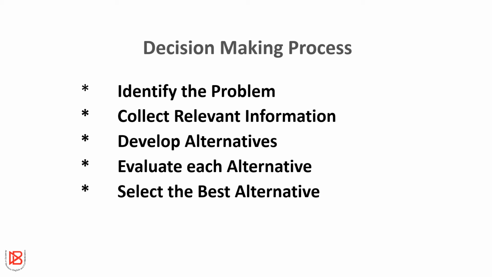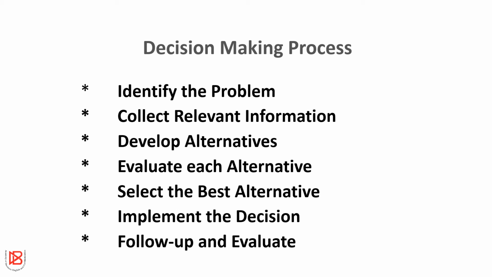So evaluate each of those alternatives, and based on the competencies that suit yourself or your organization, select the best alternative and thereby implement the decision. And this is what the decision making process is all about. Now, once you have implemented, you just have to take feedback as to whether the decision was good or otherwise.